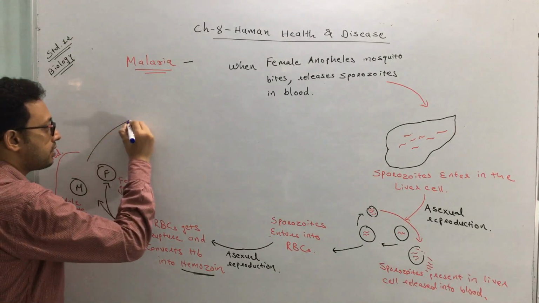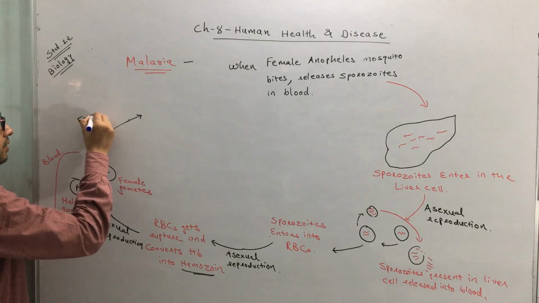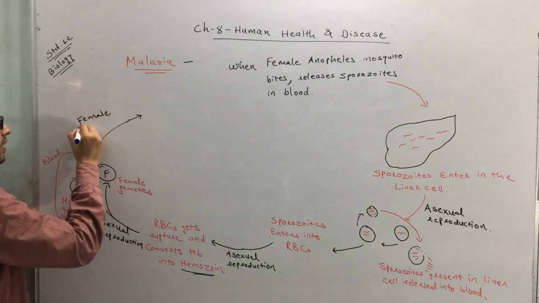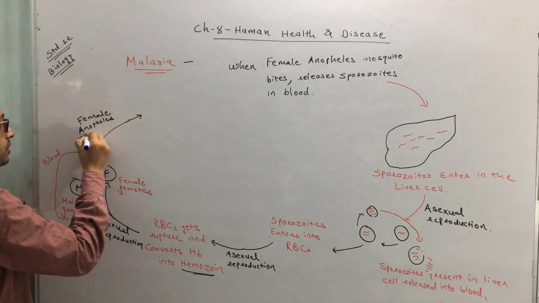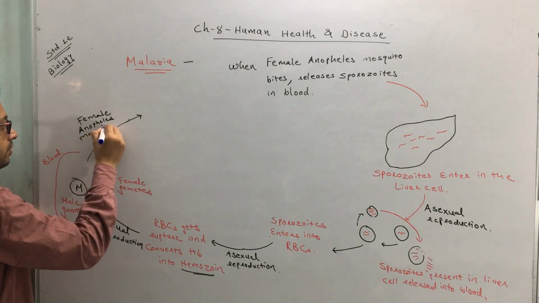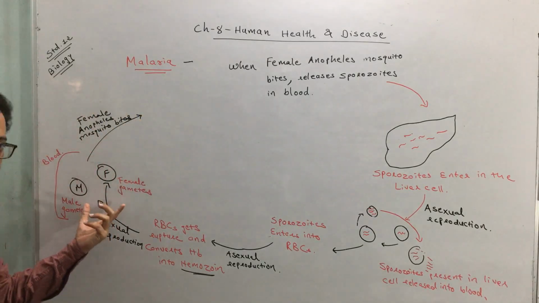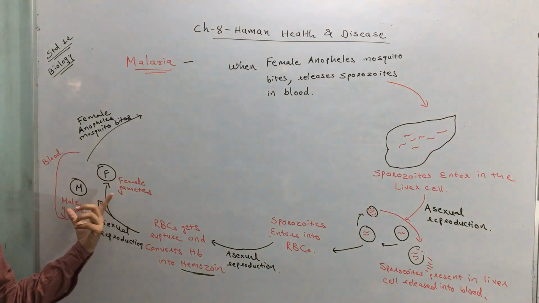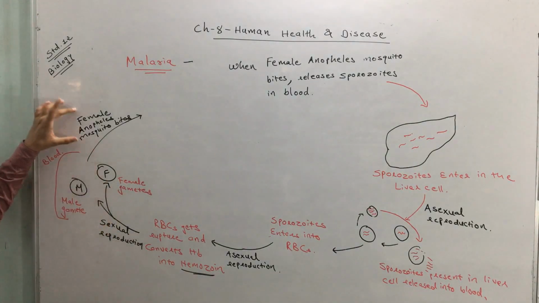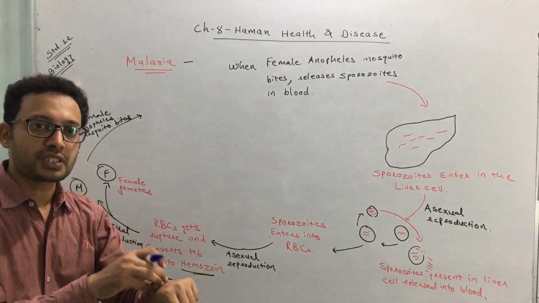Now what happens when a female Anopheles mosquito bites such an infected person? In this human individual, there is a formation of male and female gametes of these parasites. Now when another female Anopheles mosquito bites, obviously you know the role of the mosquito.